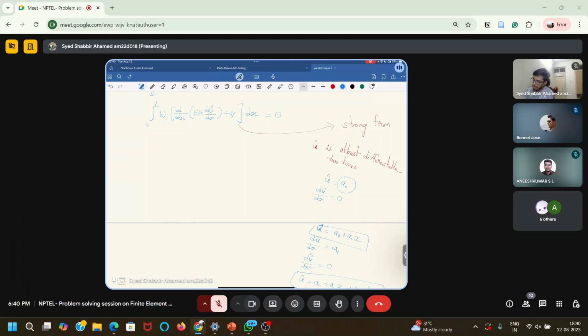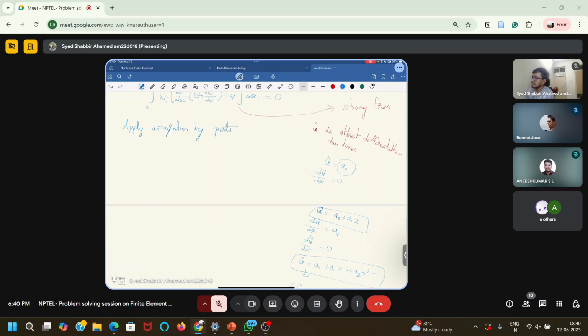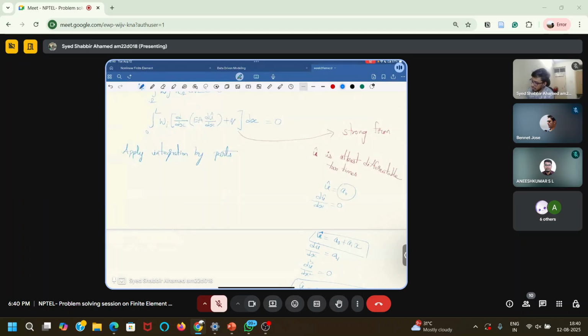If you have this strong form of the residual, we will apply integration by parts. We will get something like this. You break this down into two terms and apply integration to the first term.